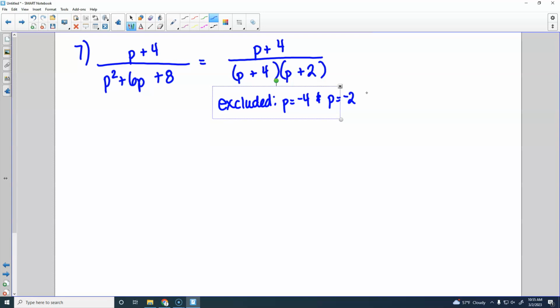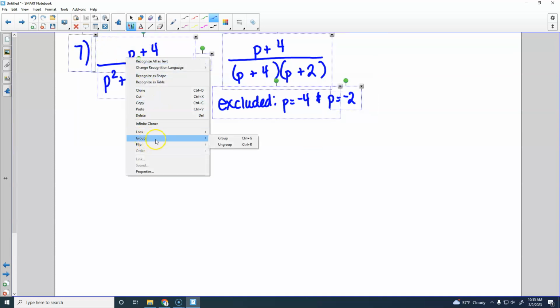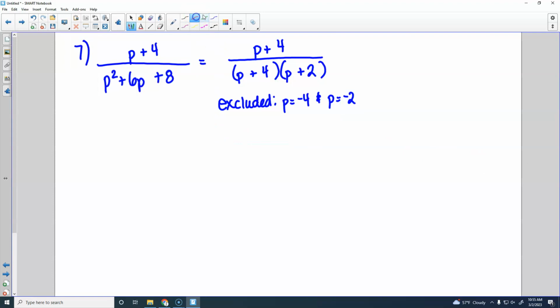Now, whenever we're simplifying this, one of the big things you must know is that stuff has to be multiplied together for you to be able to cancel it out. So, for example, what a lot of students may want to do is, before they do anything, they might be like, oh, there's a p right here.